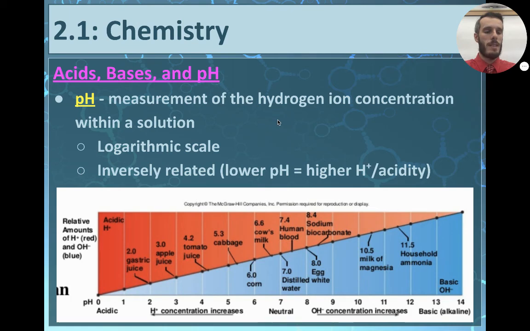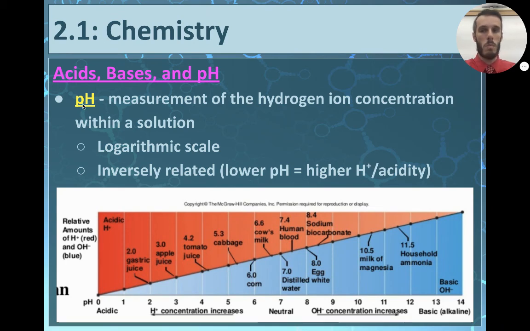pH is the measurement of acidity. So pH is a measurement of the concentration of hydrogen ions in the solution. So it is inversely proportional, and it is logarithmic, which means that a difference in 1 pH means that the solution is 10 times more or less acidic than what it was before.